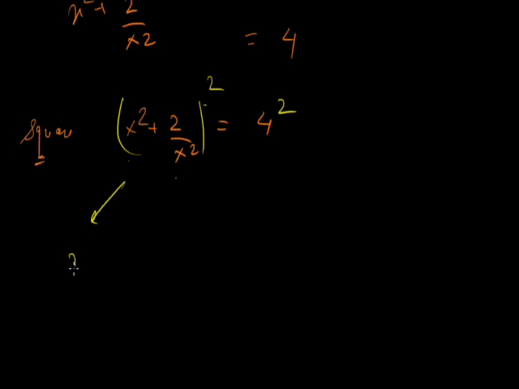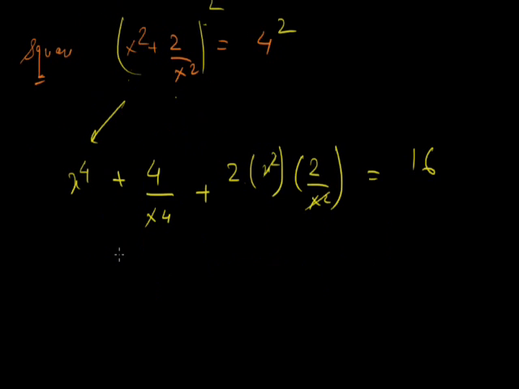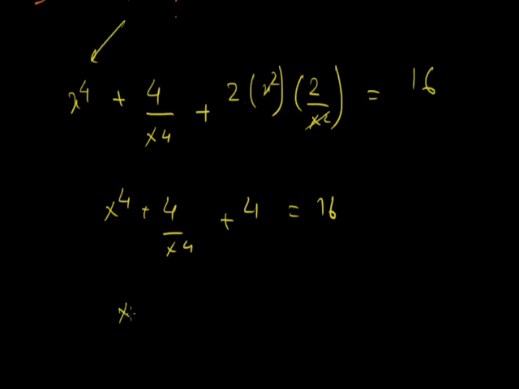A square is x to the power 4, b square is 4 upon x to the power 4, plus 2ab is 2 times x square into 2 upon x square. 4 square is 16. Now the x square will be cancelled out, and 2 into 2 is 4. It means x to the power 4 plus 4 upon x to the power 4 plus 4 is 16. Now x to the power 4 plus 4 upon x to the power 4 is 16 minus 4, which is 12.